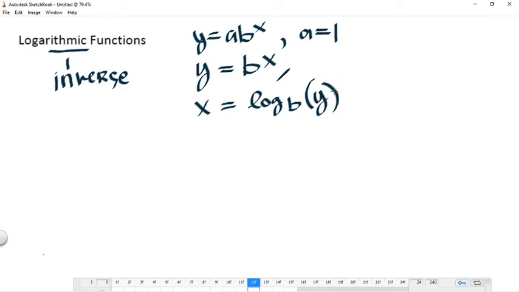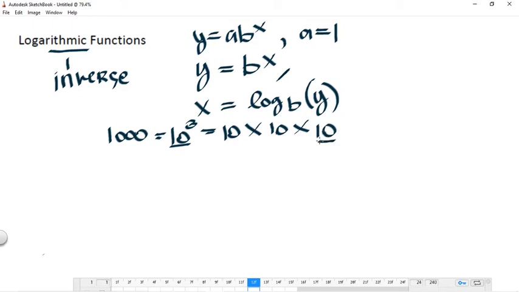To understand, let's have this example. 1,000 is equal to 10 raised to 3. If we try to expand this one, it will be 10 times 10 times 10. It just shows the number of times this 10 will be multiplied to arrive at 1,000, which is shown with this exponent 3.